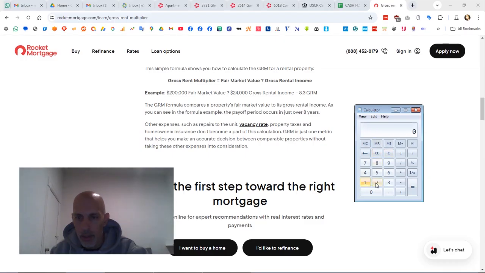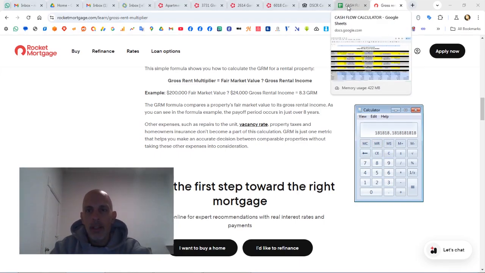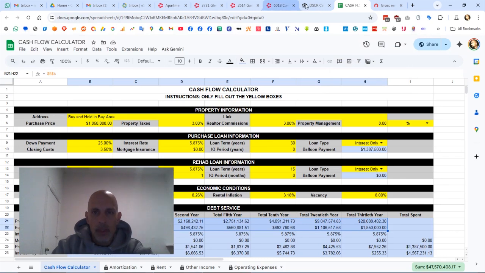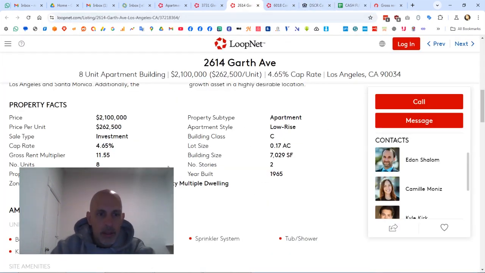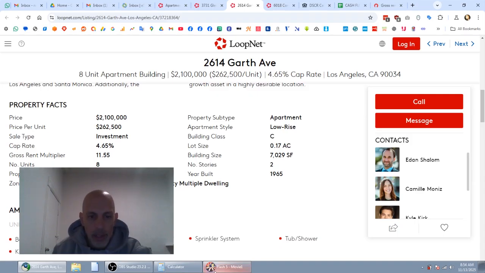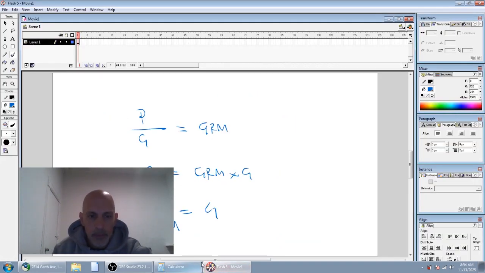Maybe I entered it wrong. Divided by 11.55. $181,000. That makes more sense. Okay, so they are saying gross income is $181,000 per year.